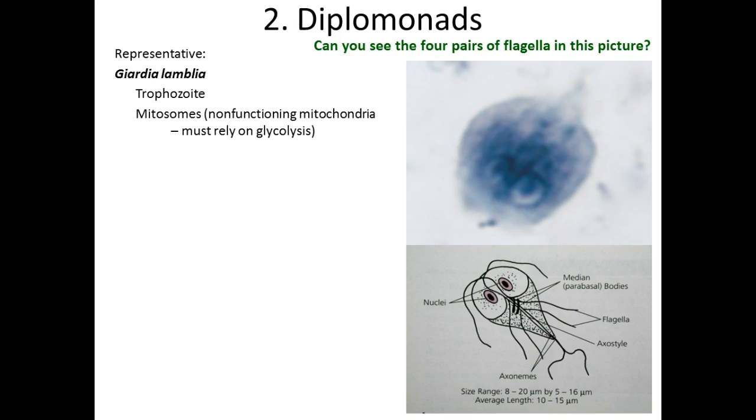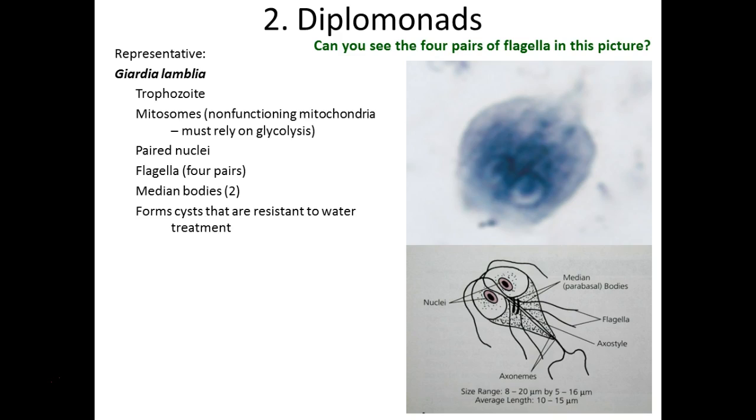He has a non-functioning mitochondria, so he relies just on glycolysis. Paired nuclei, which is why he looks like he has eyeballs, but he doesn't. He has 4 pairs of flagella and 2 median bodies, so sometimes he looks like he has a smiley face.